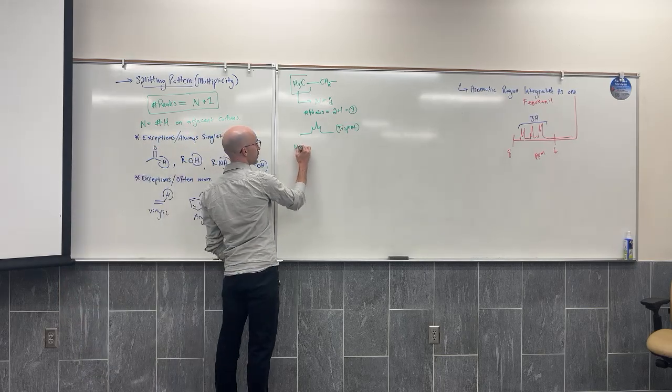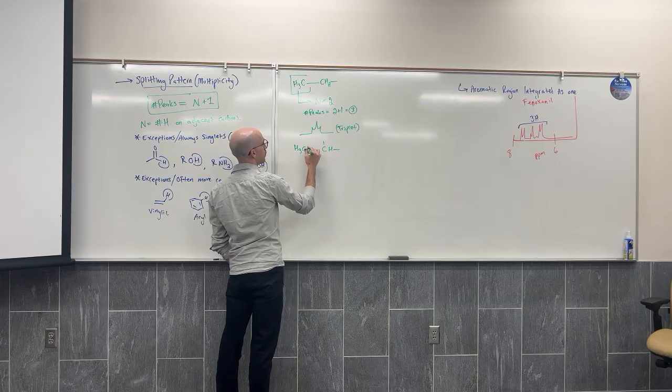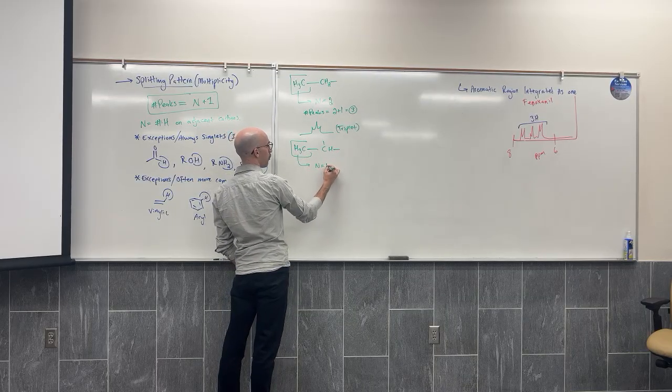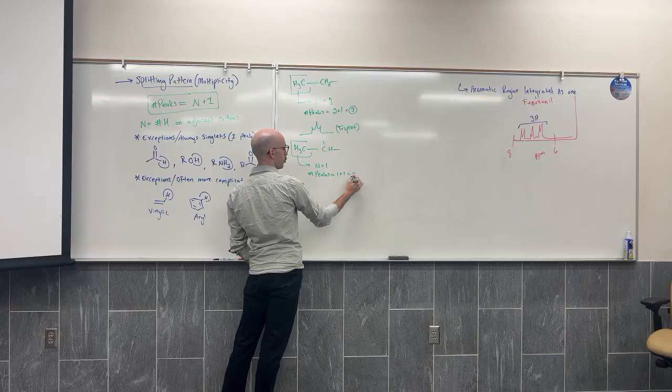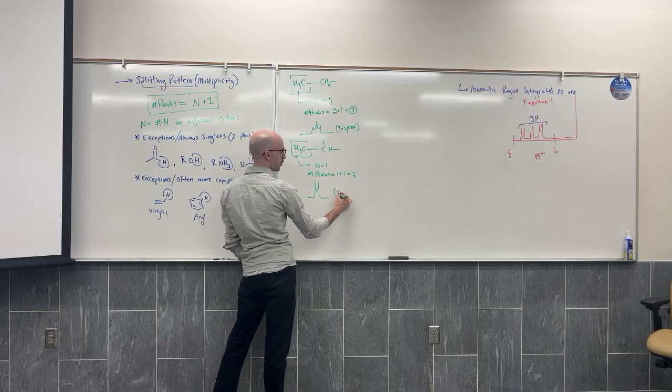If that CH3 were adjacent to a CH, n equals 1, number of peaks equals 1 plus 1, 2, we produce a doublet.